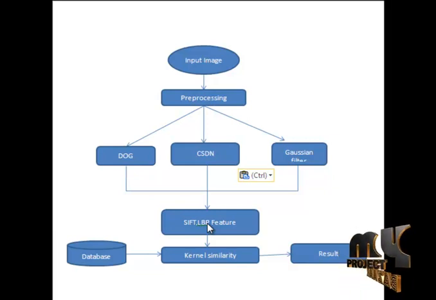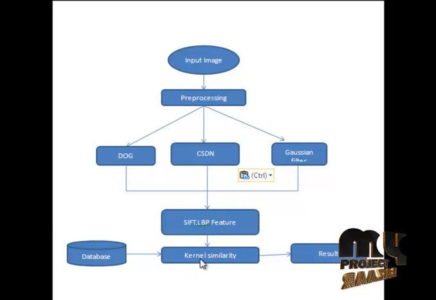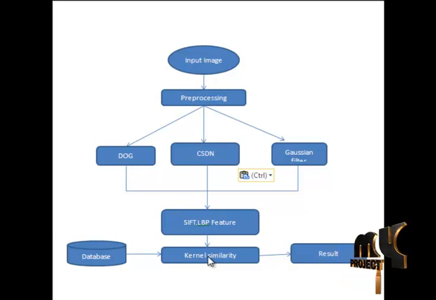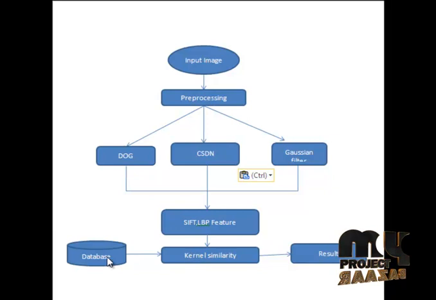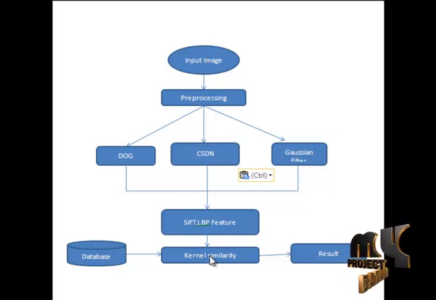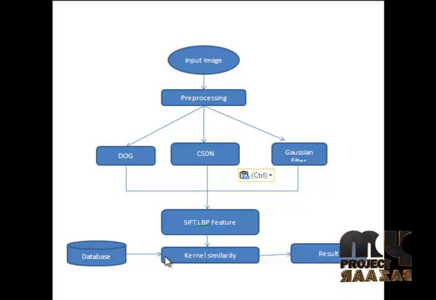After creating the pattern, it goes to the kernel similarity. Here we identify the similarity based on the distance between the database images and the testing images. The image that gets the minimum distance will be retrieved as the recognized face. That is the final result of our process.